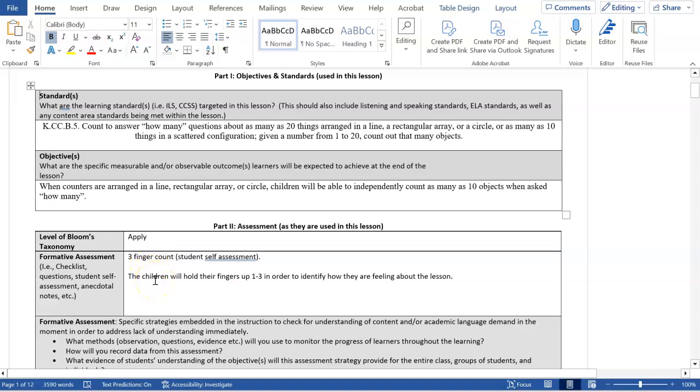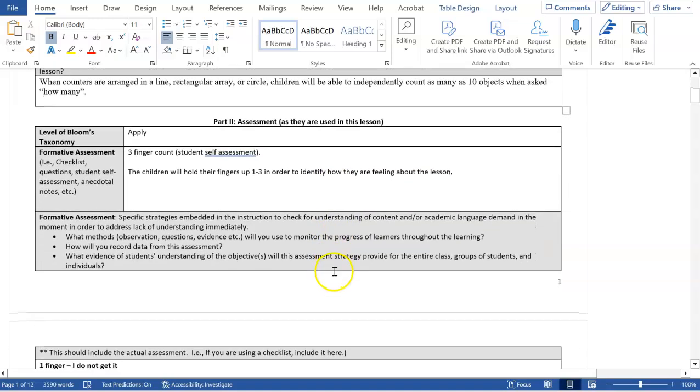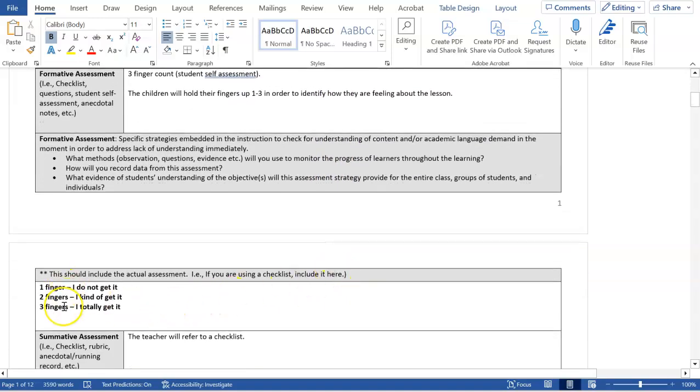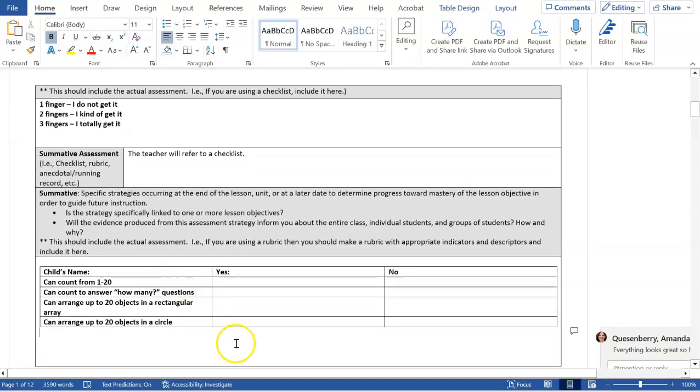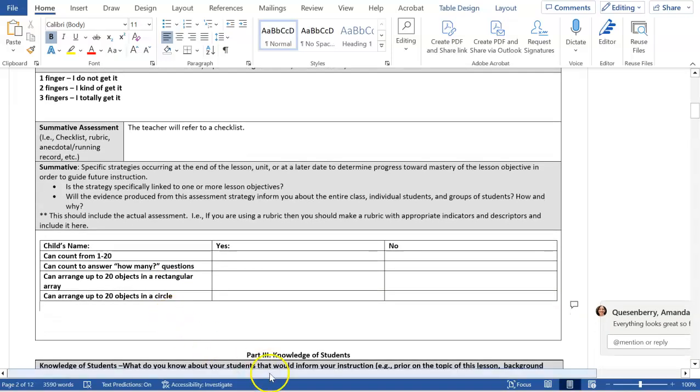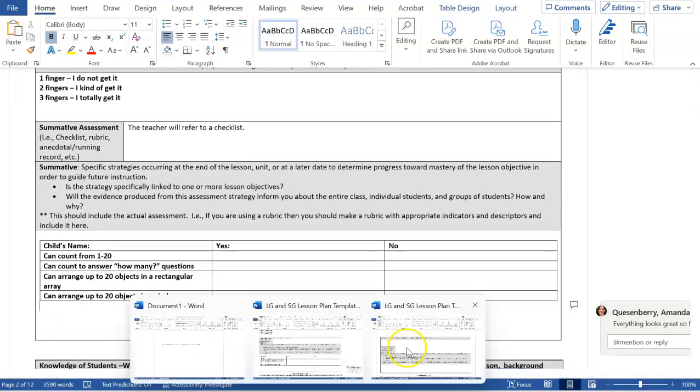So she was going to do a 3-finger count. And then she describes here what that would mean, or what that might look like. For her summative assessment, she decided to do a checklist and included an example of what that checklist might look like here. Right. So that's the first part of the large group lesson plan.